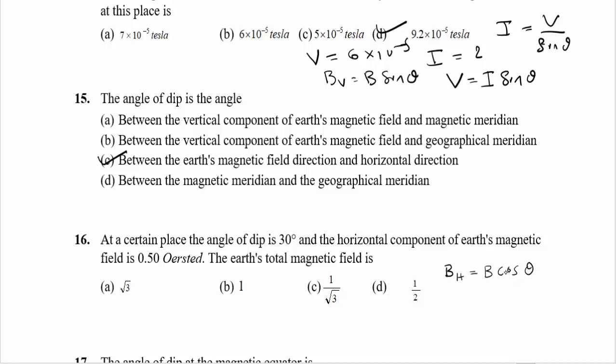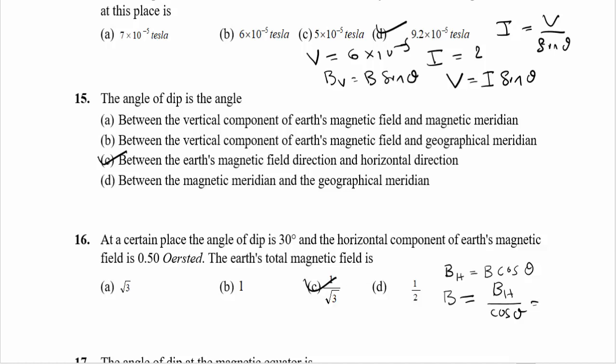So total magnetic field B equals BH divided by cos theta. Substitute BH as 0.5 and cos 30 and do the calculation. You will get the answer as 1 by root 3. Option is 1 by root 3. Okay, 16th is over.